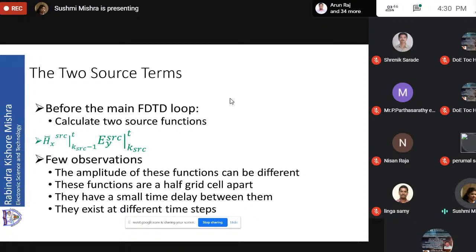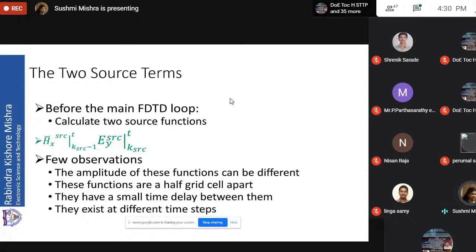So you have to calculate both these source functions before you go to the FDTD loop. If you are using only one source, then calculate that source only. If you are including both sources, calculate both. But do it before the FDTD loop, don't do the calculation within the loop. That will unnecessarily take more time. You will get into problems.